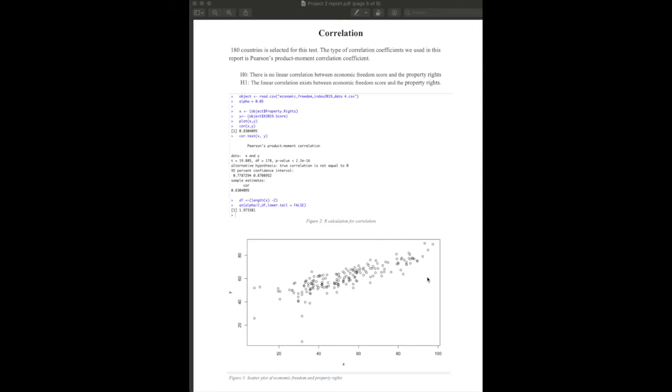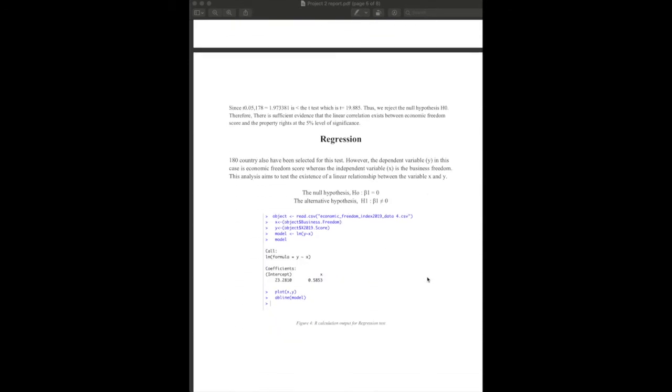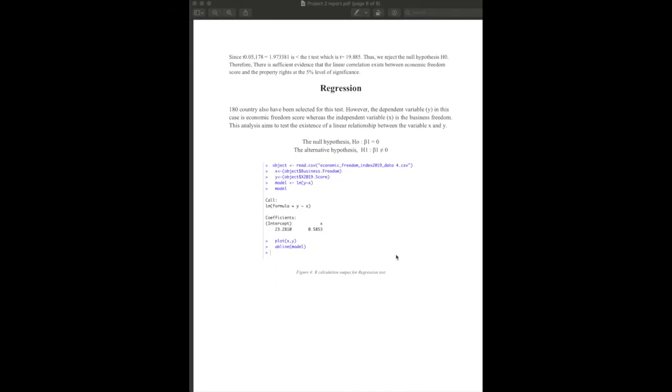As for the regression test, I want to test if there is a relationship between the economic freedom score, which in this case is the dependent variable y, and business freedom, which is the independent variable x.